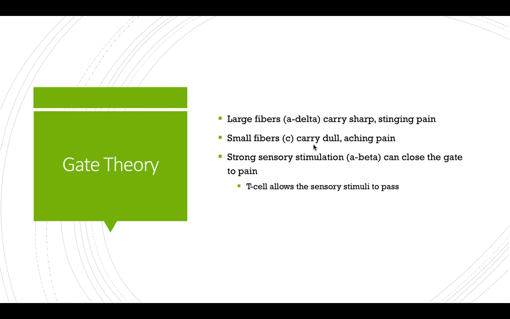So again, the A beta fibers are going to come in along with the nociceptor input, and they're going to transmit into the spinal cord. The mechanism really occurs around lamina 2, the substantia gelatinosa. The stimuli from the larger myelinated A beta fibers enters the dorsal horn and synapses with the second order neuron and the other spinal interneurons in that area.